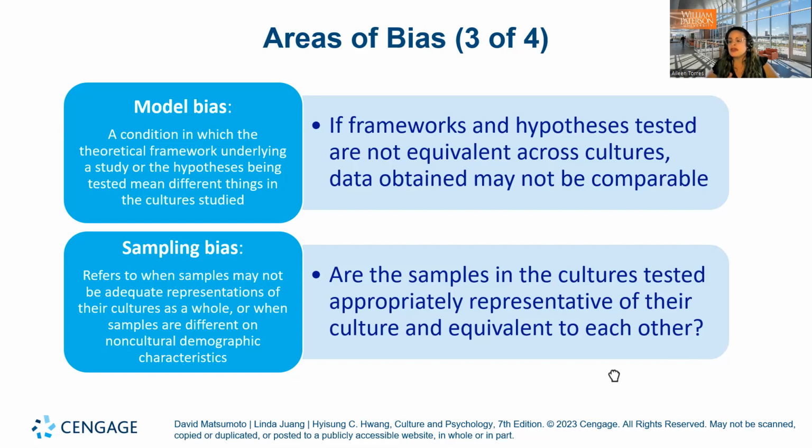For example, if I want to see if Latinos differ in a specific area and I'm only assessing second generation young college female students, that's really not giving me a good sense of the Latino culture in general, right? How people in that group would respond, where there are so many people not included in that. So you have to be very careful. Sometimes we're sampling out of convenience, but we need to make sure that our sample is representative of the groups we're intending to measure.